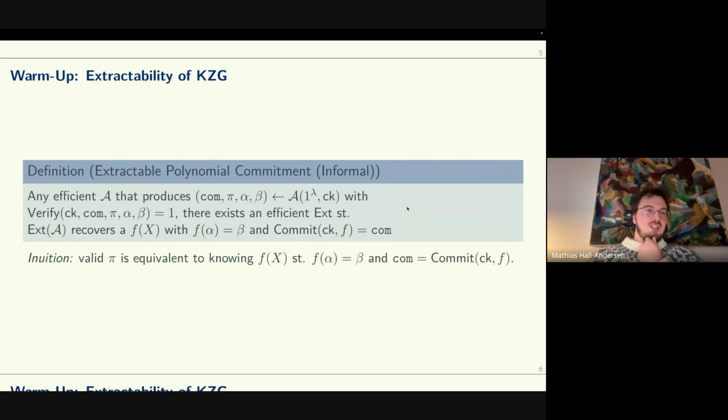So what do we mean by secure, and why would we believe in KZG? In this case, the notion that we want is an extractability notion.